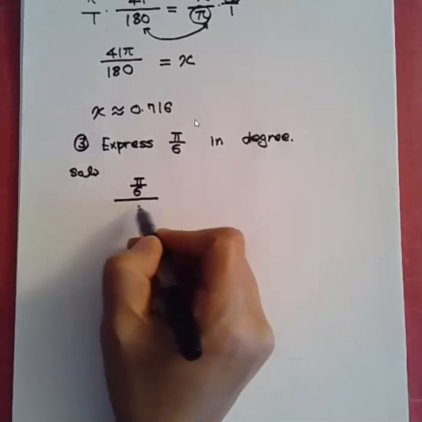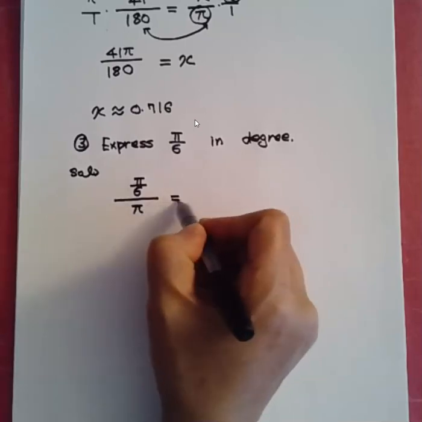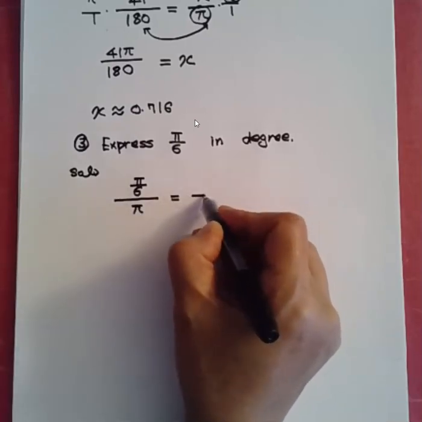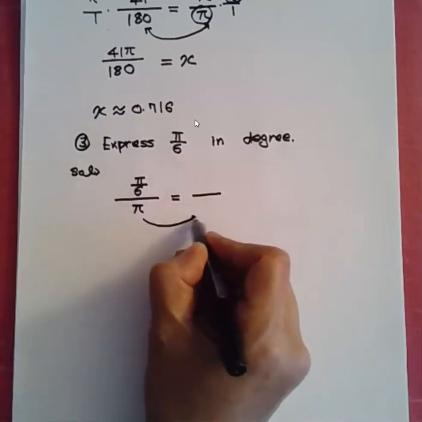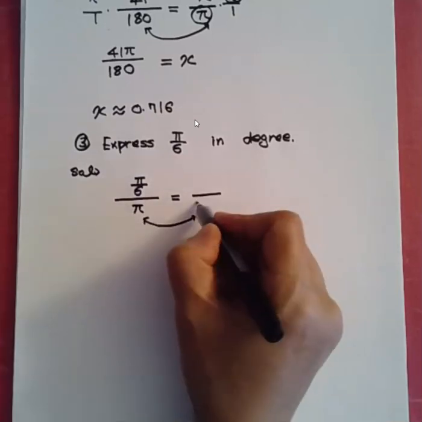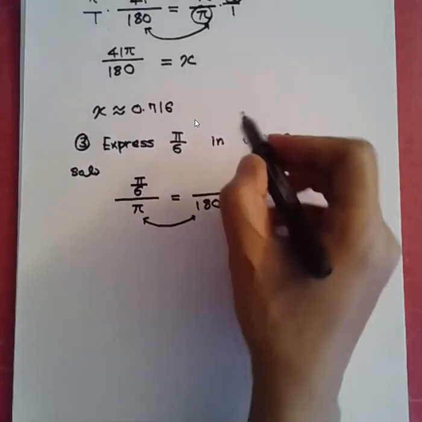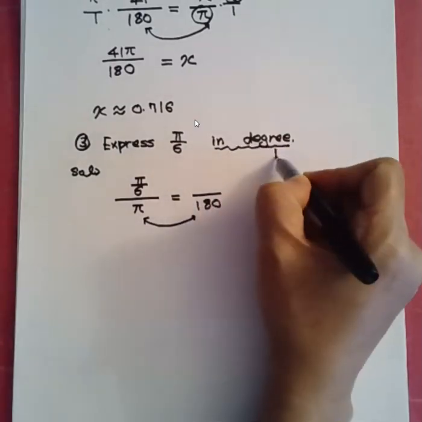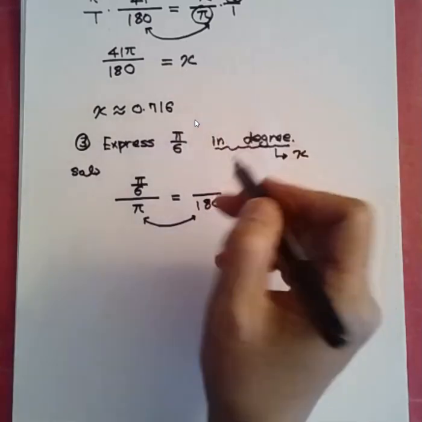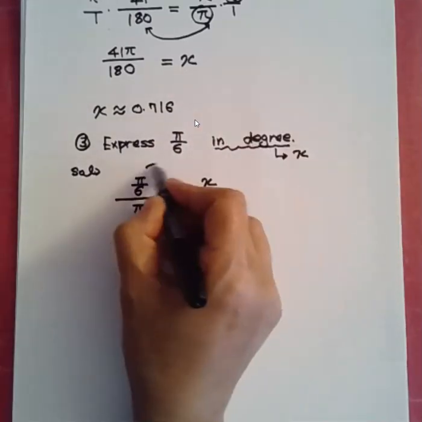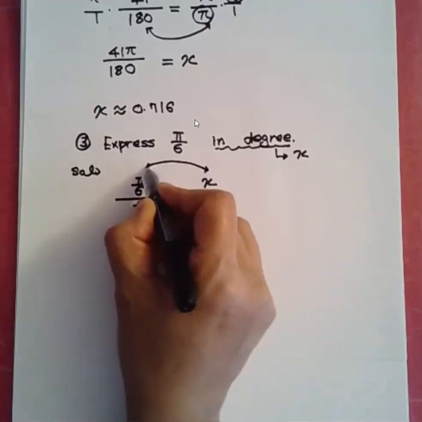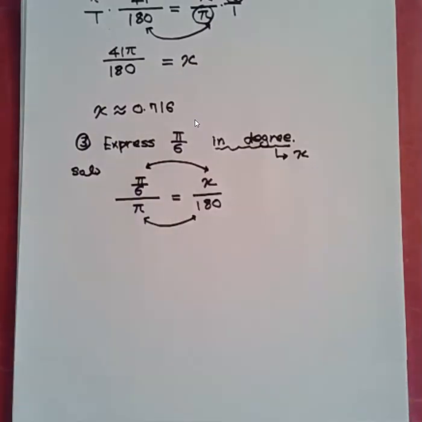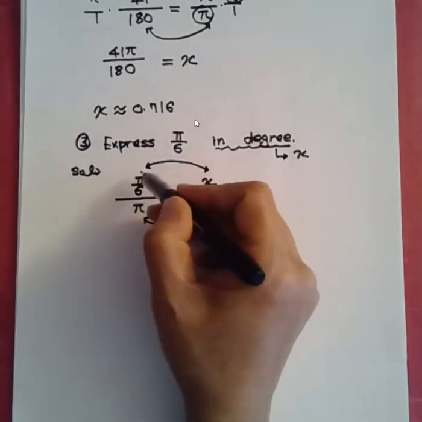We compare that with pi. On the right side, we are thinking about the ratio of the degrees. Pi corresponds to 180 degree, and we know this degree, which corresponds to pi over 6, so we will put x on the numerator. There is a little bit inconvenient aspect of this problem because on the numerator there is a fraction.